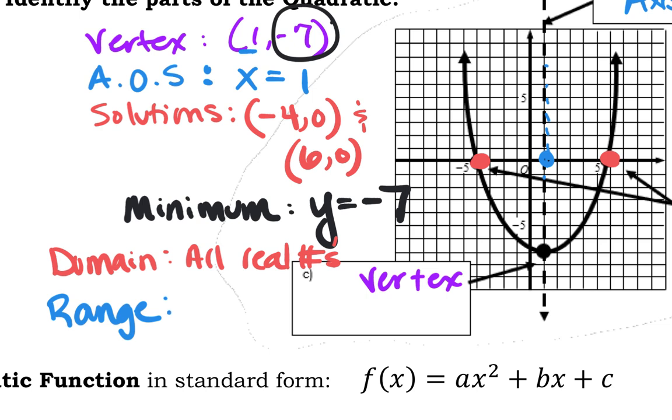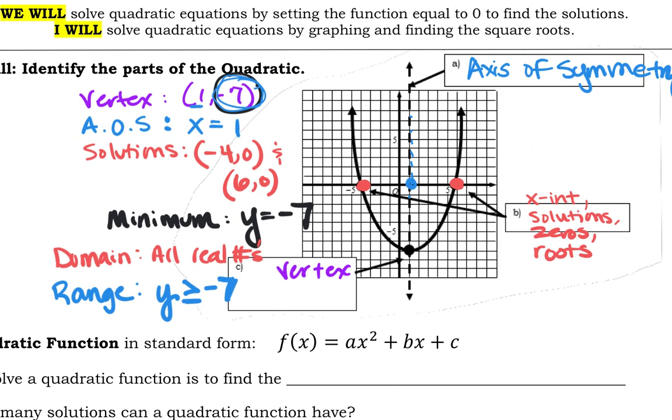Do you remember? The y's. And then that y value from the vertex, that's where that number's going to also be used. So it is -7. We just need to decide, are the numbers getting bigger or smaller with that range? Bigger. So it should be greater than or equal to. Good. So that's pretty much what the test will include. It'll include what we're doing today and tomorrow, and then all of those pieces there.